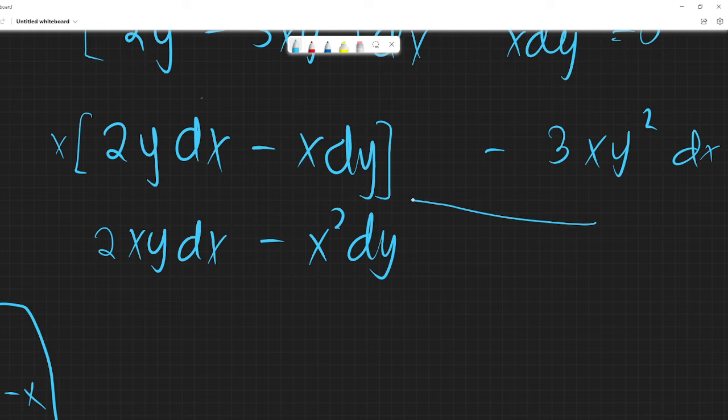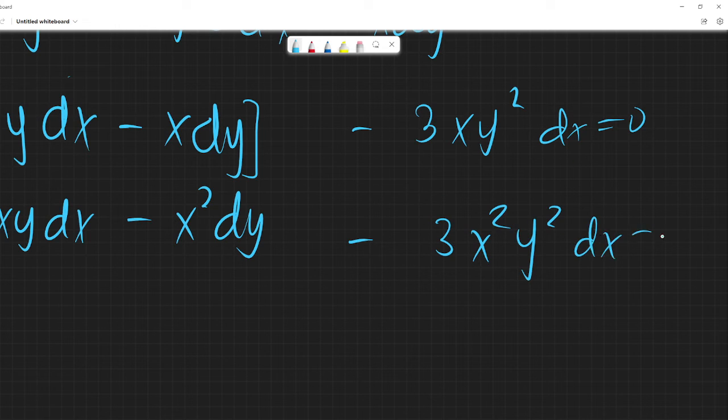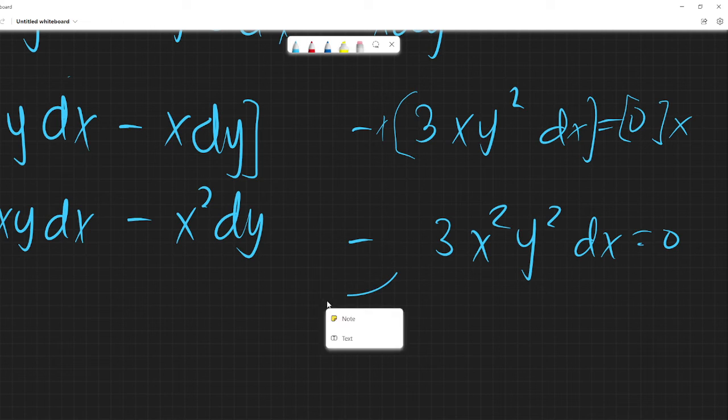So don't forget to multiply an additional x here since this is an equation. So you should also multiply x here to maintain the equality of the problem.